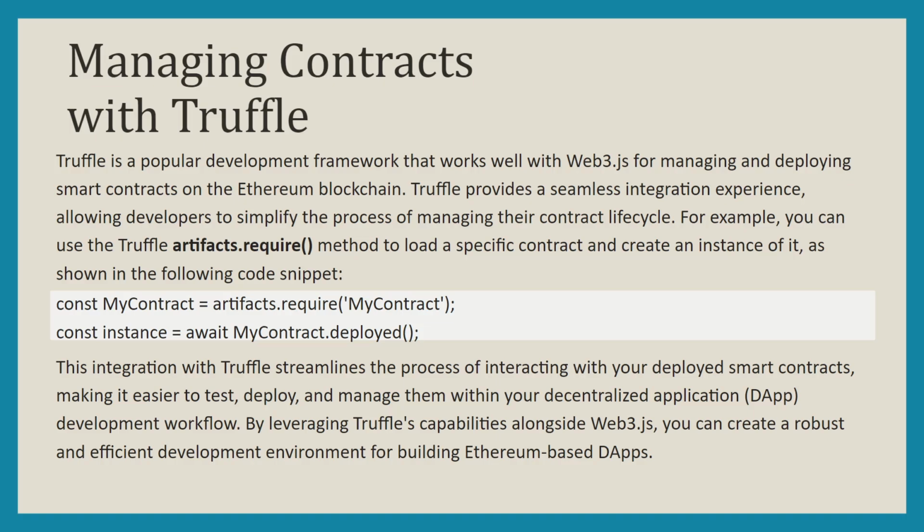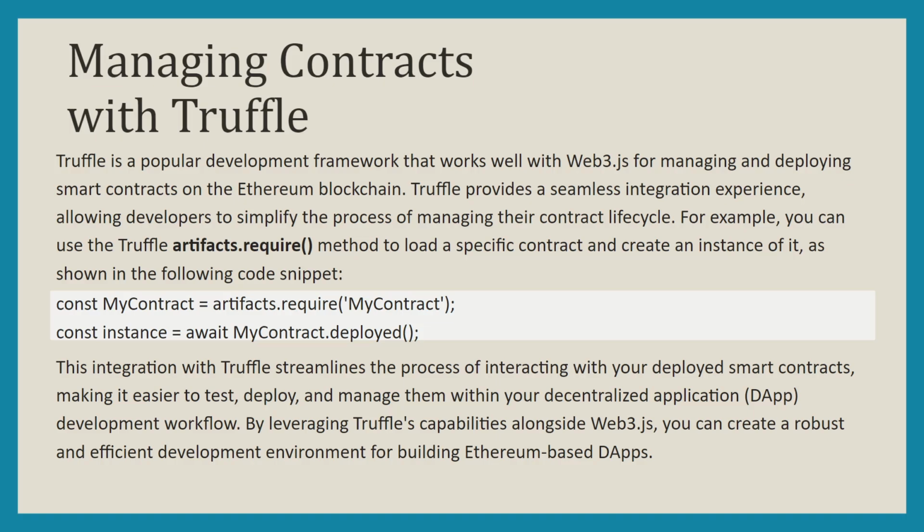Truffle provides a seamless integration experience, allowing developers to simplify the process of managing their contract lifecycle. For example, you can use the Truffle artifacts.require method to load a specific contract and create an instance of it, as shown in the following code snippet: const MyContract = artifacts.require('MyContract'); const instance = await MyContract.deploy().